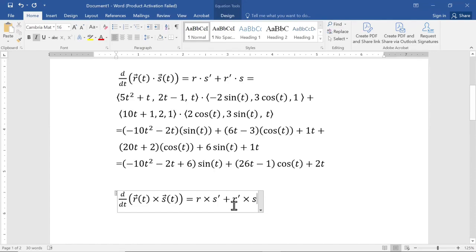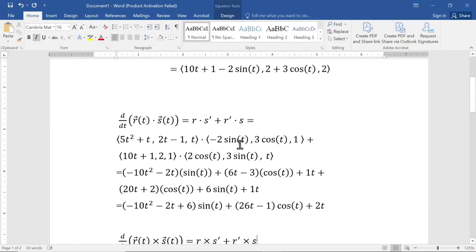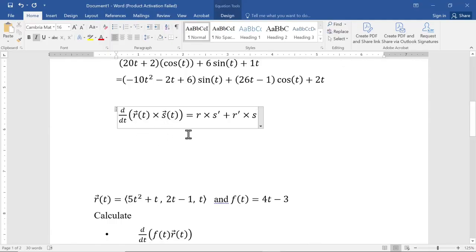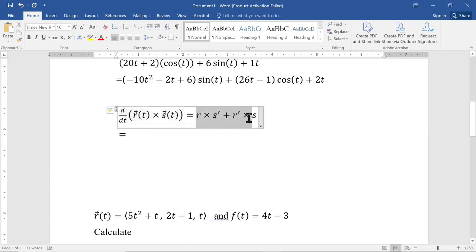Now, in this case, with these particular functions, I don't know if it's easier to do the cross product and then take a derivative or do the derivatives and cross products. Not exactly sure, but since I've already taken the derivative of S and the derivative of R, I'm going to do it this way.